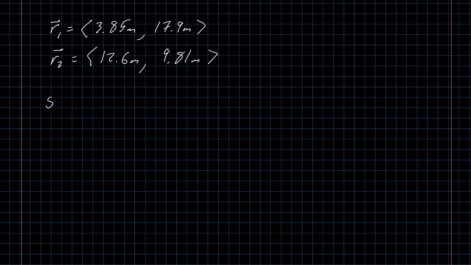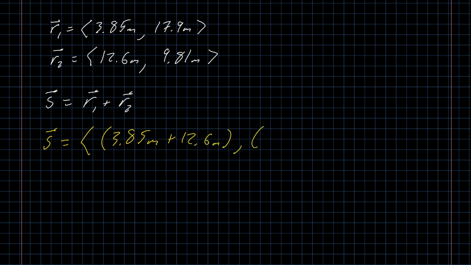And then I want S to be R1 plus R2. Well, with that, S is going to have an x component that is 3.85 meters plus 12.6 meters. And it's going to have a y component that is 17.9 meters plus 9.81 meters.